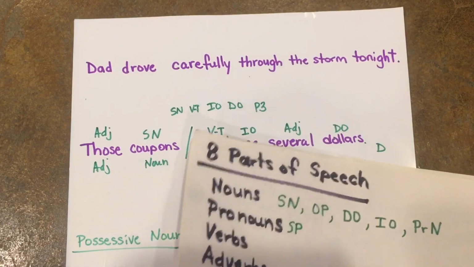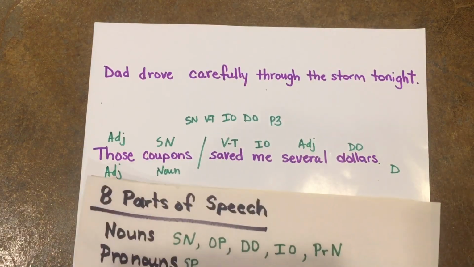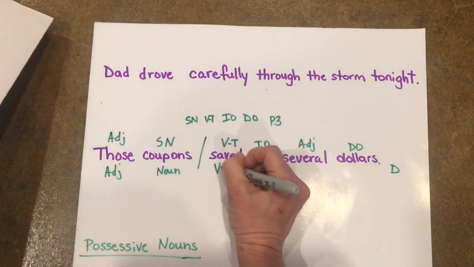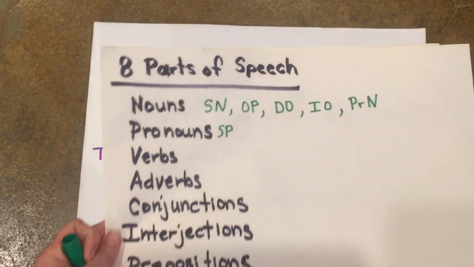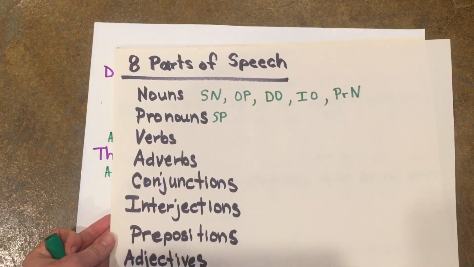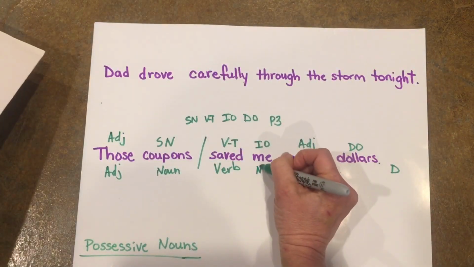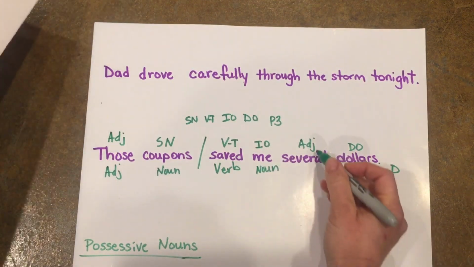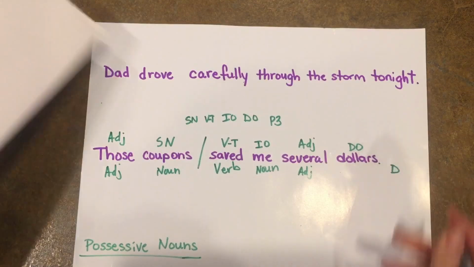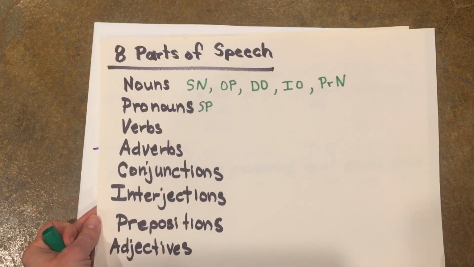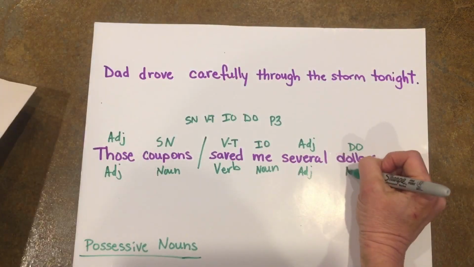Saved, verb, I-O. Take a look at that. You know those are nouns. Several, adjective, already labeled for us. D-O, yes, noun.